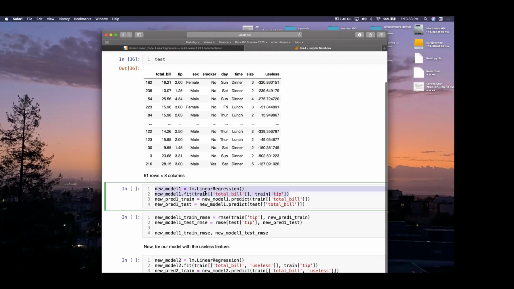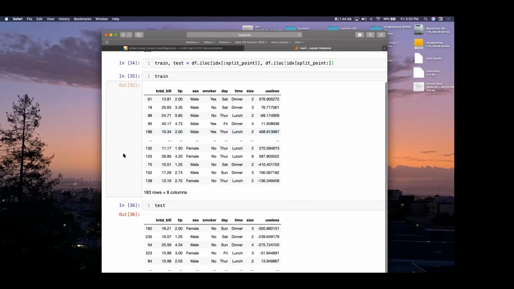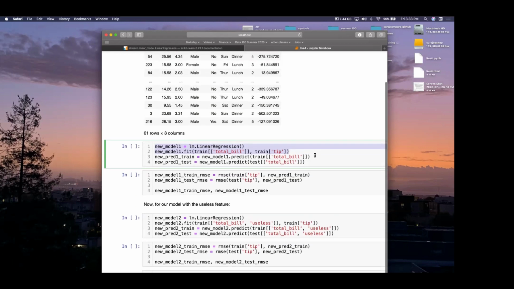So before we had DF of total bill and DF of tip, meaning we were fitting our model on all of our values. Now we're just fitting it on those 3/4 that go in the train data. Then I'm going to predict two sets of Y predicted values, two sets of fitted values. New pred1 train is my predicted Y values for my training data.